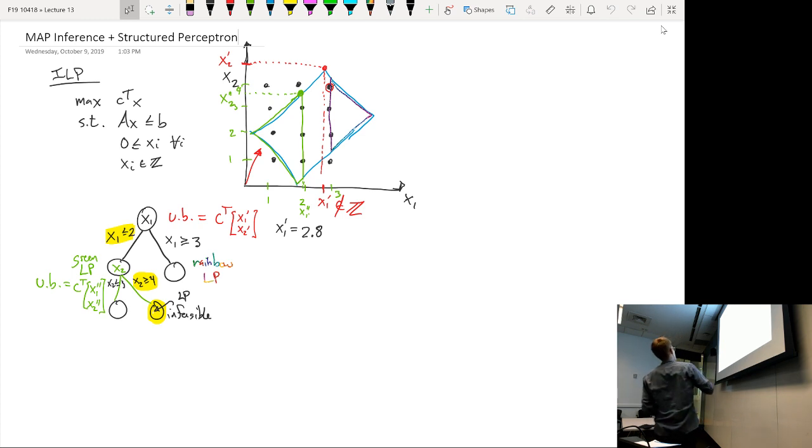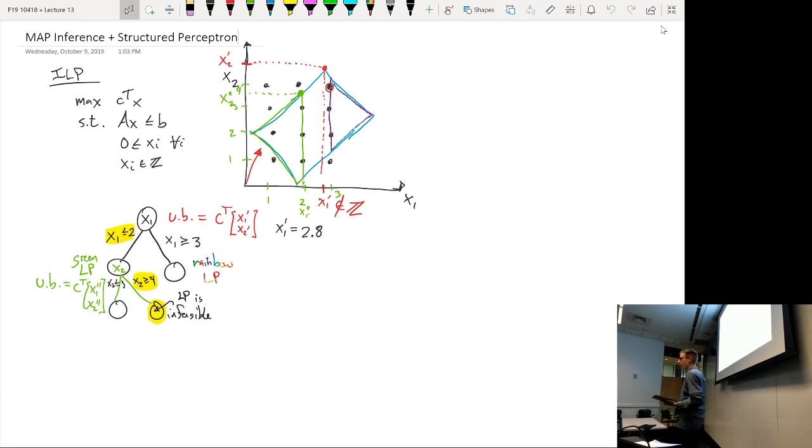Okay, so this is what branch and bound does. It gradually subdivides the space, as we saw last time. And for each of those partitions, it's gradually finding solutions to the actual LP relaxation of the original program. But as you divide more and more, you're gradually tightening those relaxations because the relaxations are getting closer and closer in.